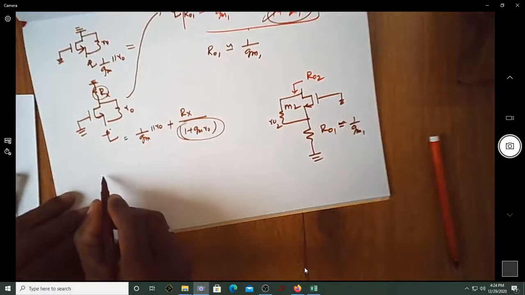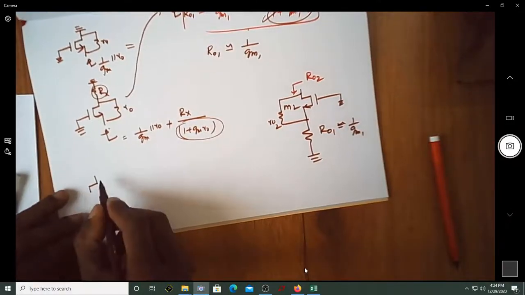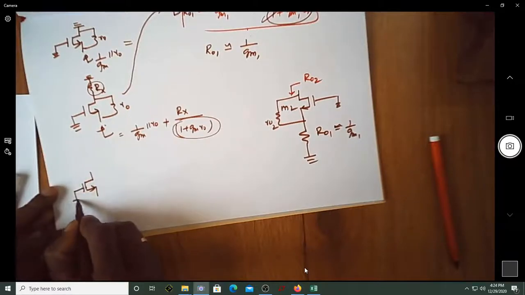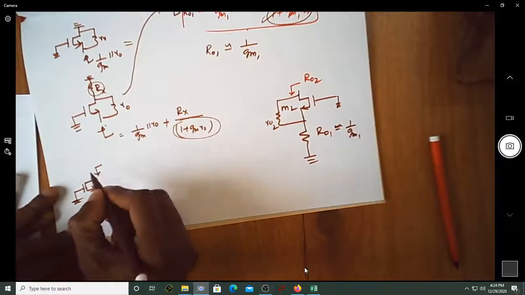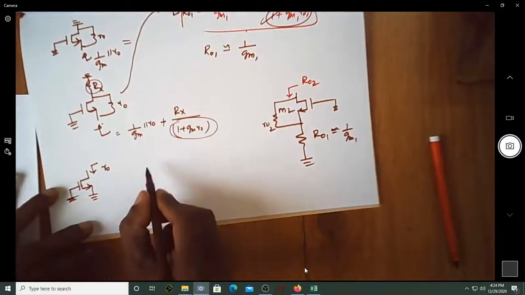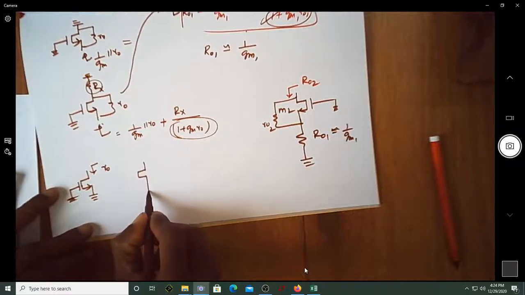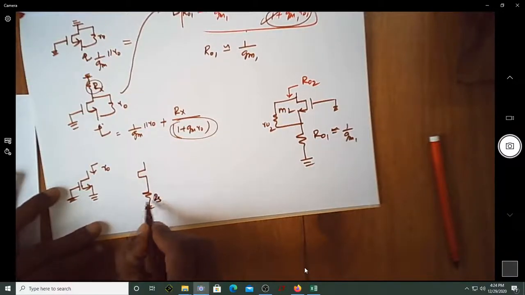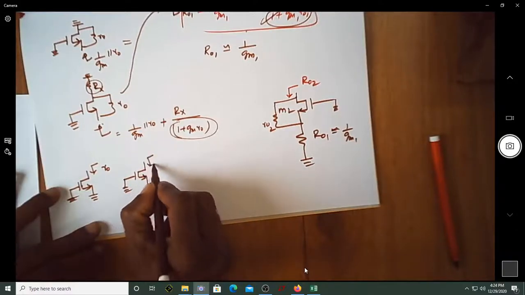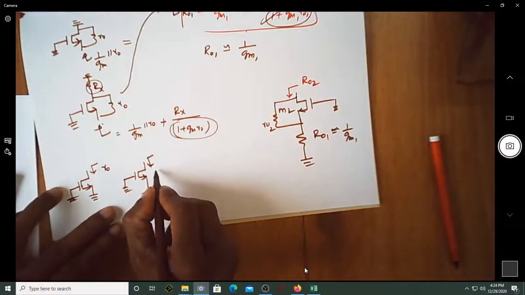So it is like a situation. So we know that in general case, if this is AC grounded, if this is also AC grounded, if you look from the drain, the resistance is R0. Now we consider a case where you have connected some RS here. This is again AC grounded, and this is NMOS. If you look from the drain, what is the resistance?